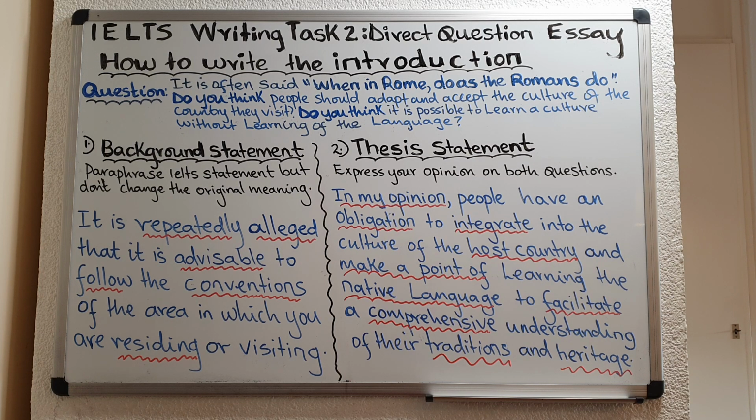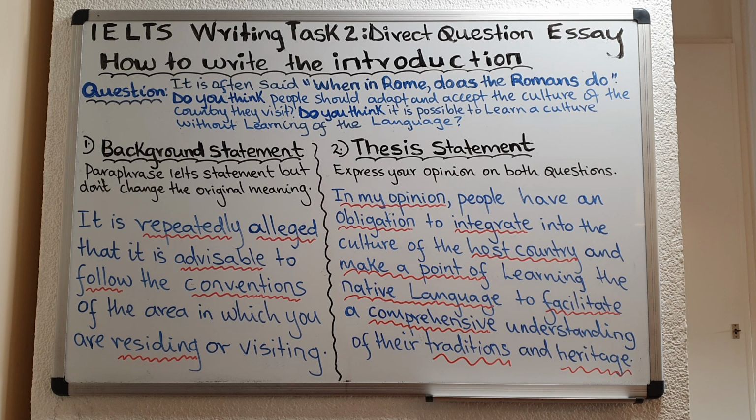And this brings me to the next section. As I promised, I'm going to explain to you exactly how you should score a band 8 or a band 9. Now, when it comes to the marking criteria for IELTS Writing Task 2, you are marked on task response, coherence and cohesion, vocabulary, and grammar.